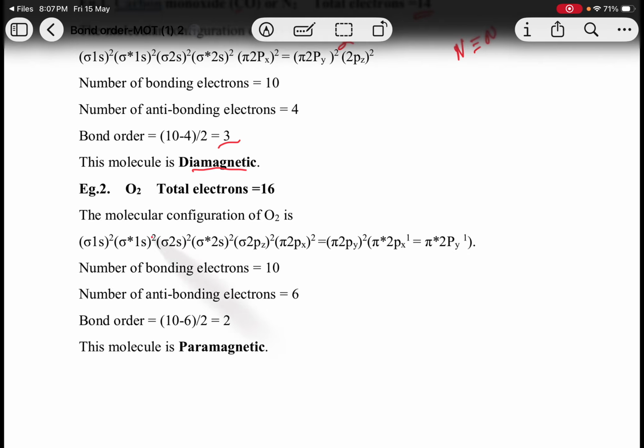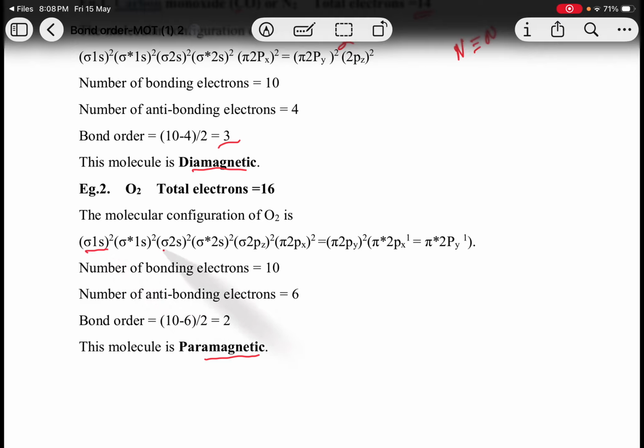These two are half filled. That means the pi star 2p orbitals contain unpaired electrons, so it is paramagnetic.